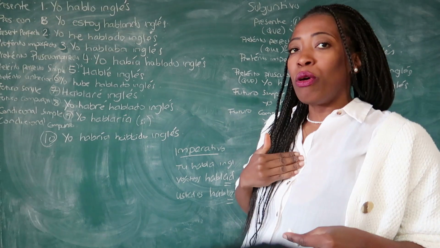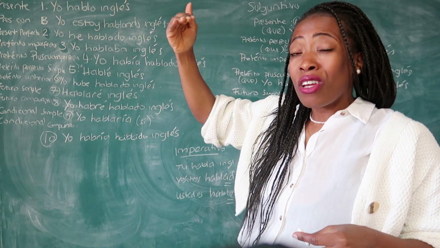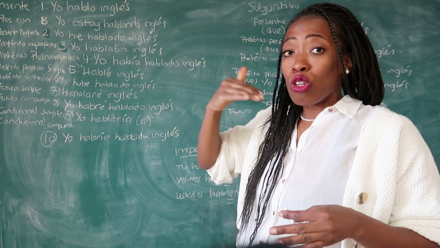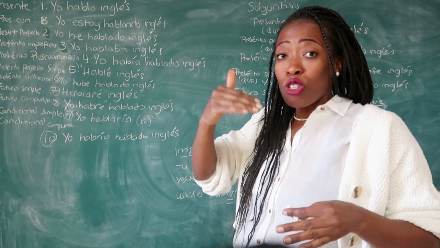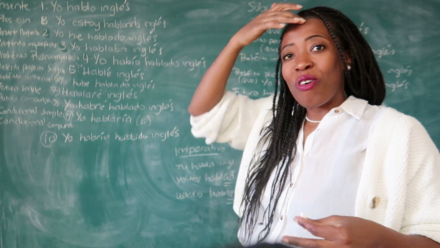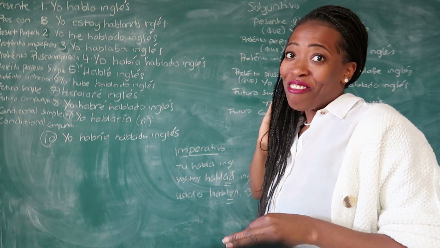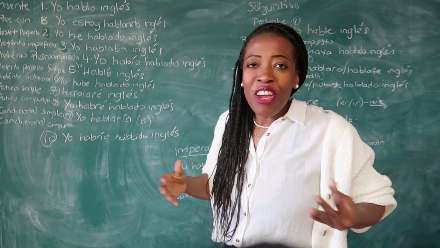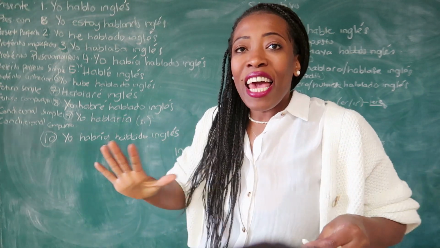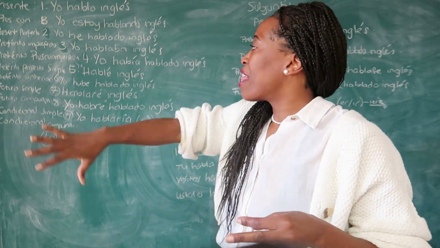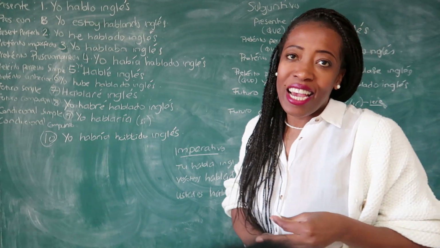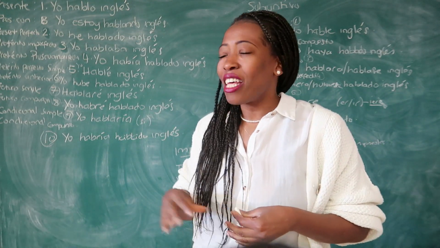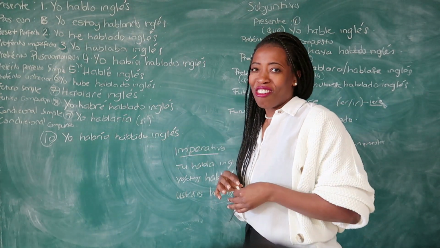Yo hablo. Obviously you can conjugate that: tú hablas, él habla, ella habla, nosotros hablamos, vosotros habláis, ellos hablan, and so on. We're just using I today, otherwise we're going to be here forever. And I know you have places to go. So for today, it's just I speak English, and these are all the ways you can say it in the different moods in Spanish. Are you ready? Because that was a rather long intro.